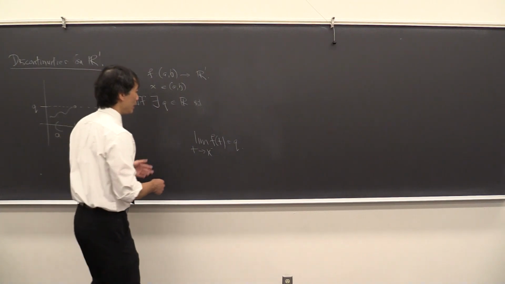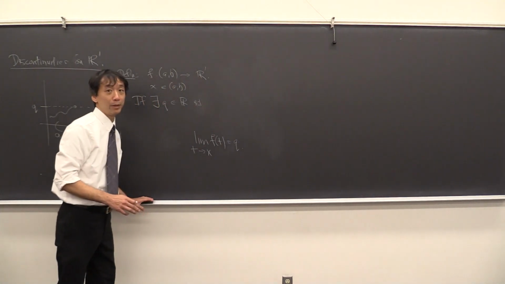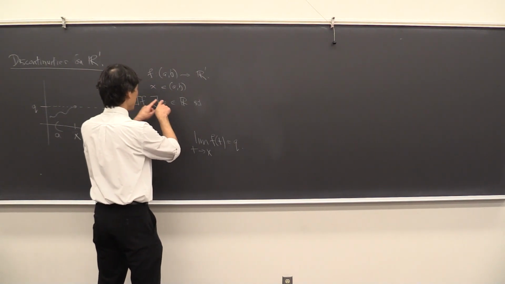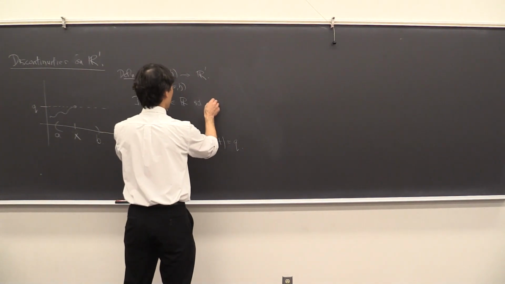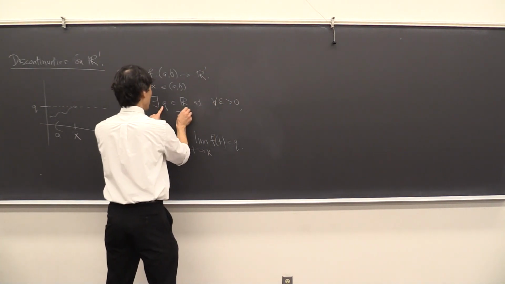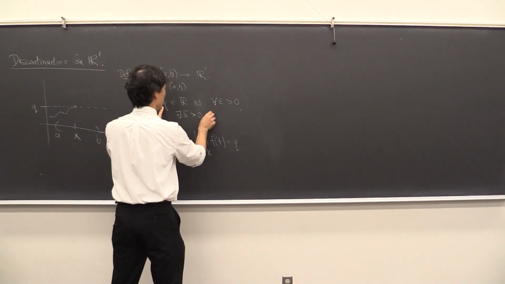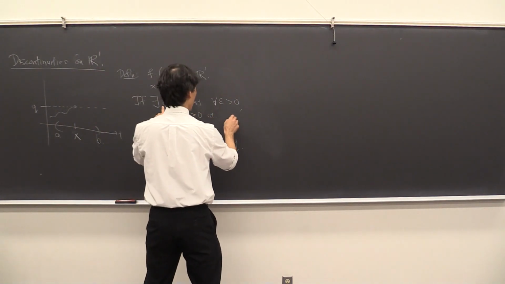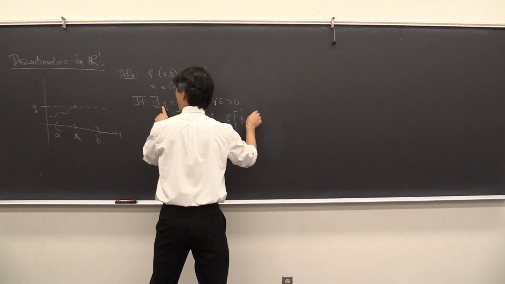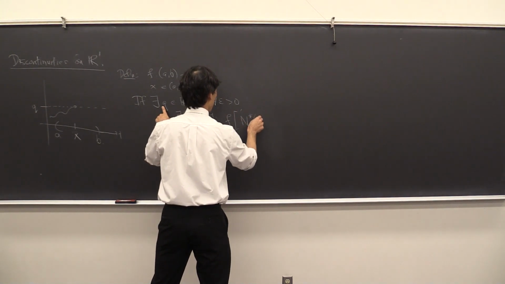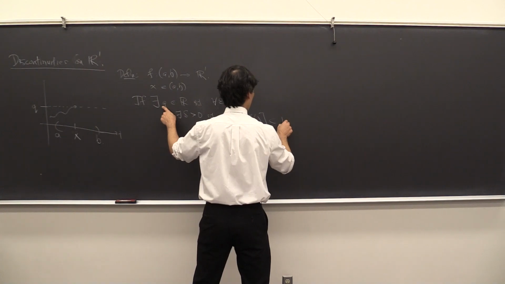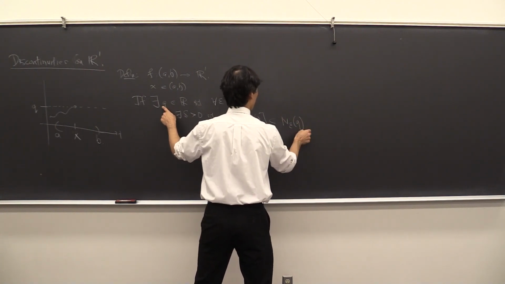So you're saying, well, look, if we're talking about just the full-blown limit, then q should have the property that, given any epsilon greater than 0, there exists a delta greater than 0 such that f maps the delta punctured neighborhood of x into the epsilon neighborhood of q.